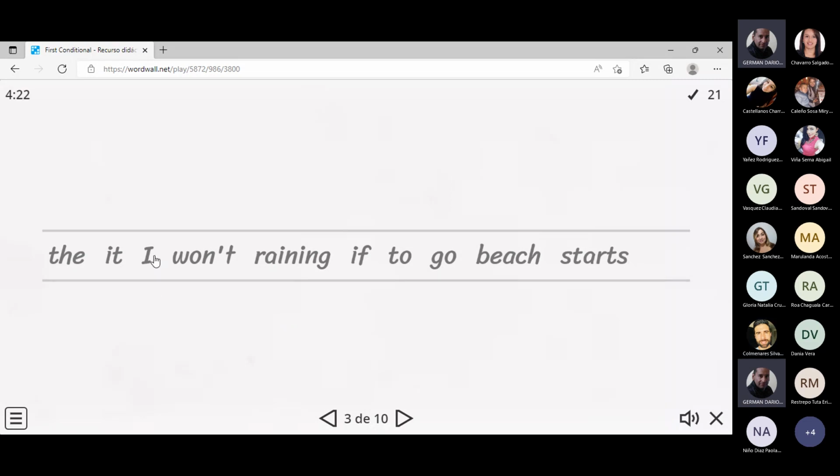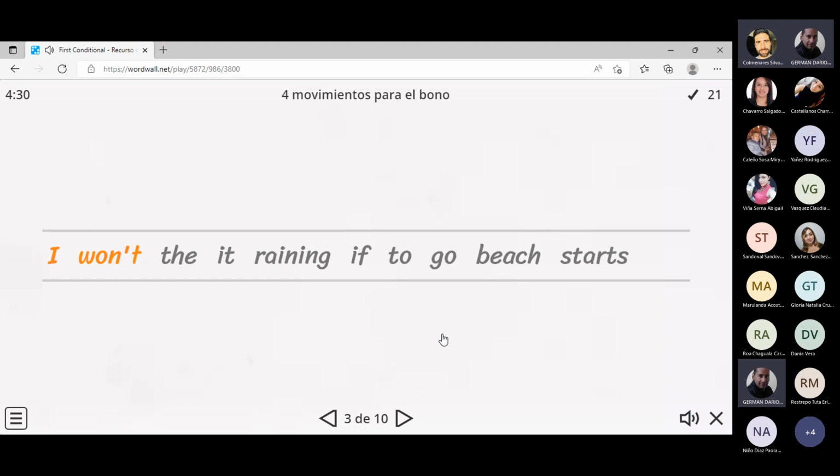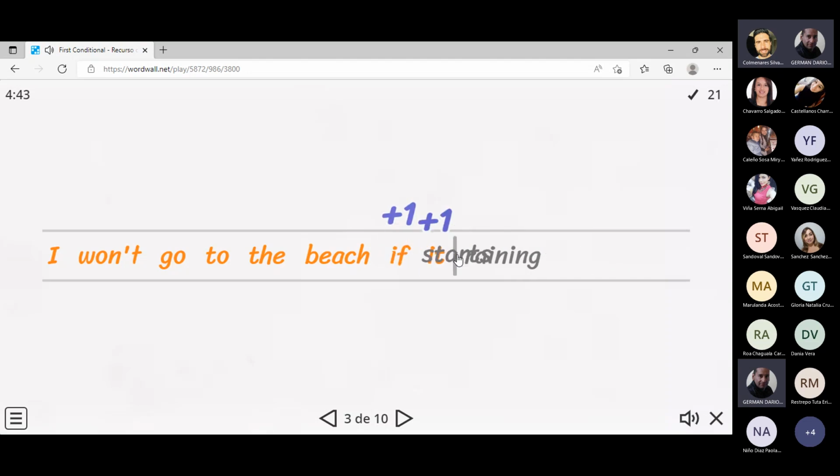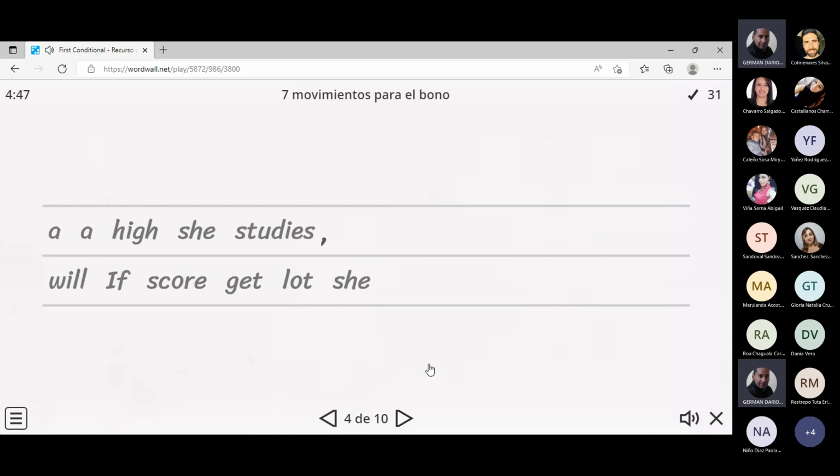I want to go to the beach. Yes, very good. If it starts raining. Yes, very good. Excellent, excellent.